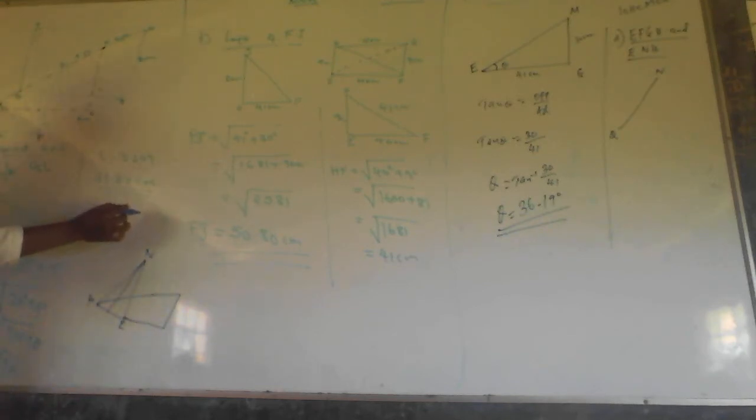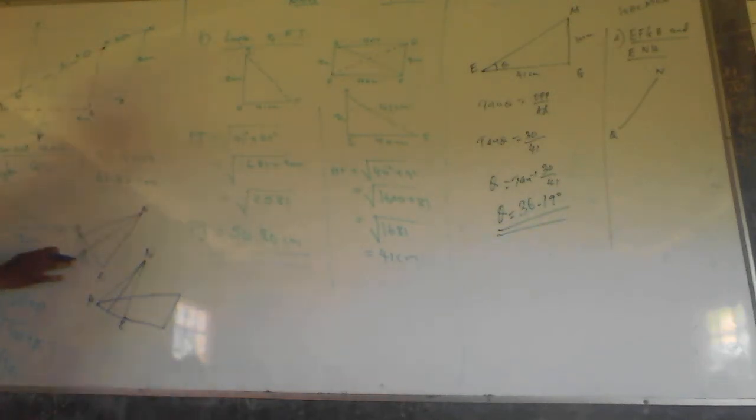The base looks like a triangle. So this is our N, this is our H, this is our E. We divide it into two equal parts and we call this point Q. So that is what we have drawn there, E, Q.